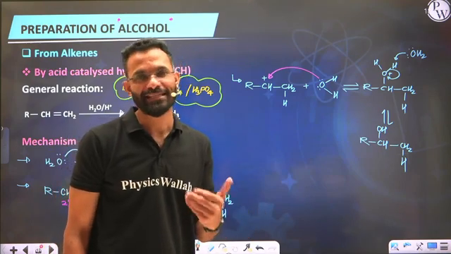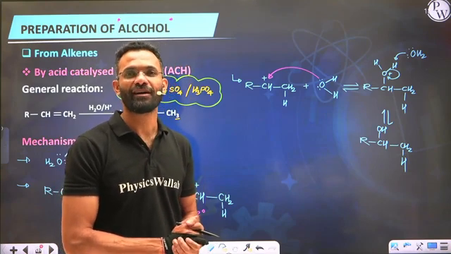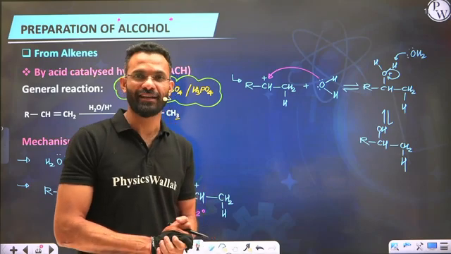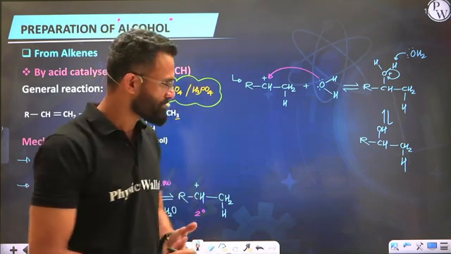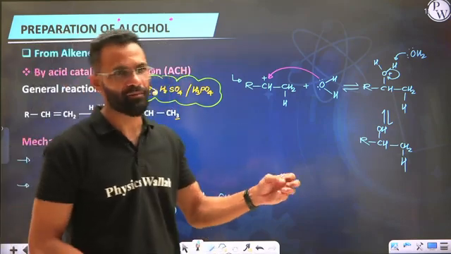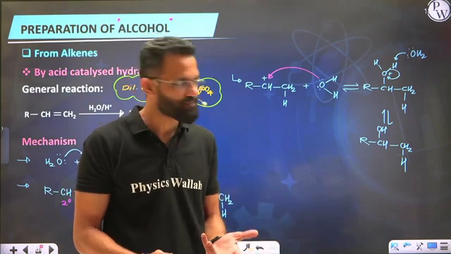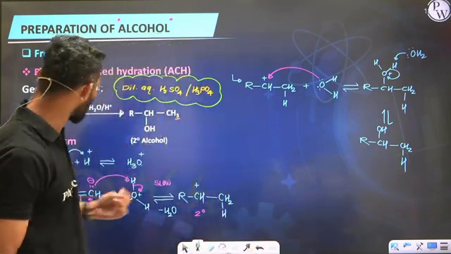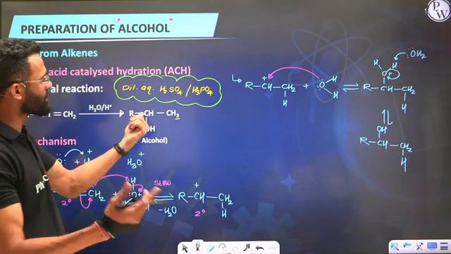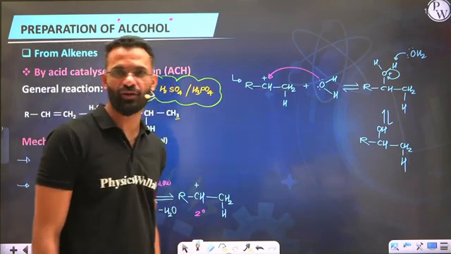Hence, acid catalyzed hydration of alkene results in the formation of a Markovnikov addition product, and hence I can also refer to this reaction as a regioselective reaction. I've explained what regioselective is. However, the other product formed is so negligibly small, hence I'm referring to it as regioselective. So in an alkene, OH, the negative part of the reagent, got attached to the carbon corresponding to the more stable carbocation, as you can see over here. Hence, I'll say this is Markovnikov addition.